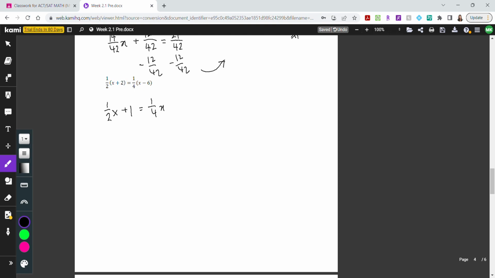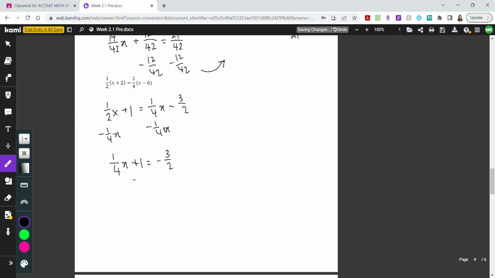Then 1 over 4 times negative 6 is going to give us negative 3 over 2. Again, let's combine the like terms. So let's subtract 1 over 4 x on both sides. So half minus a quarter is going to be a quarter x plus 1 equals negative 3 over 2.